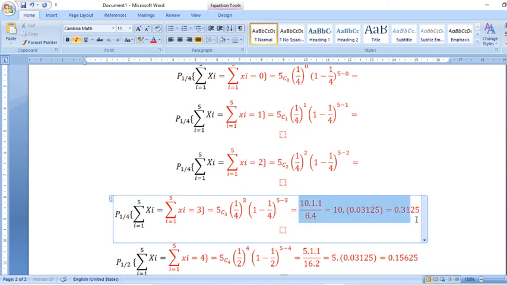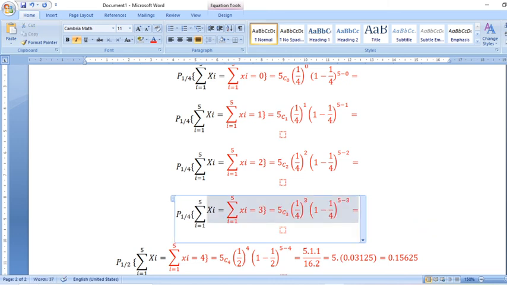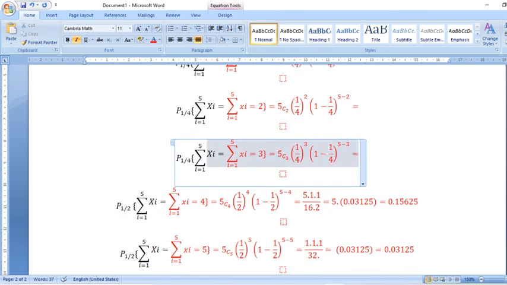Don't mix it with the computation of probability of type 1 error. This is for computation of the power.